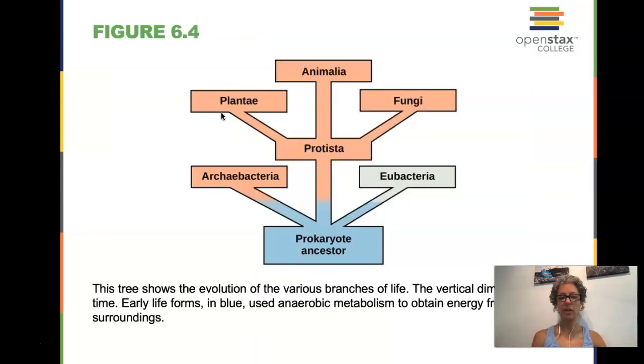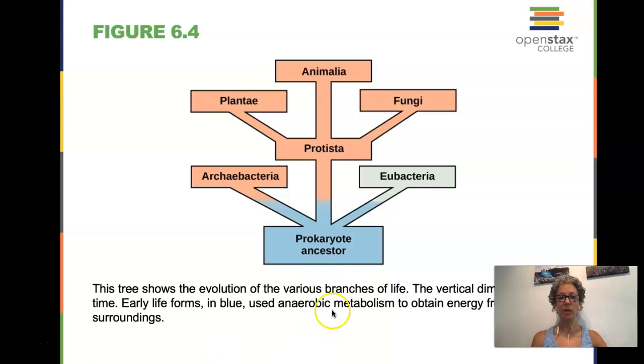A very, very rough phylogenetic tree where the prokaryotic ancestor, that of course we don't know because no one took really good lab notes back then, but that original ancestor had to have anaerobic metabolism because there wasn't sufficient oxygen in the Earth's atmosphere.